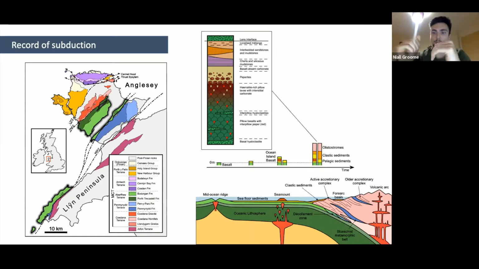So our ocean floor is moving towards the continent, and as we get closer, we're going to get more and more sediment input being washed off of the continent into the ocean and accumulating on the seafloor. And that's what we see as we start to accumulate silts and sandstones. And then as we get to this zone here, where we have collision with the continent, we get an overprint of deformed material, essentially. And that's exactly what we see in this unit on Anglesey.